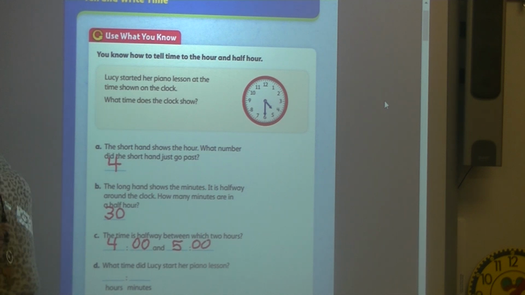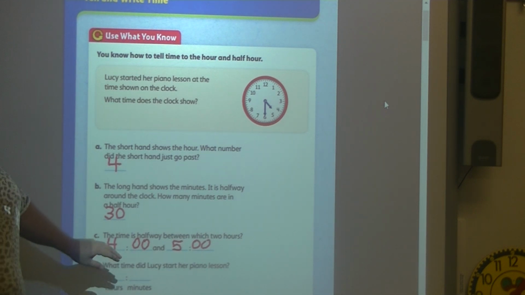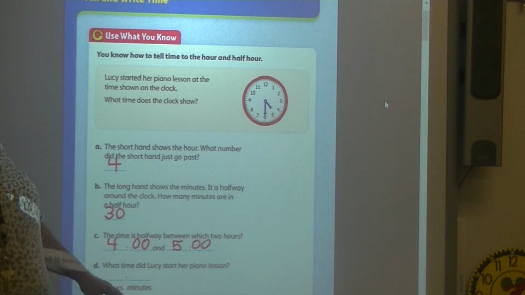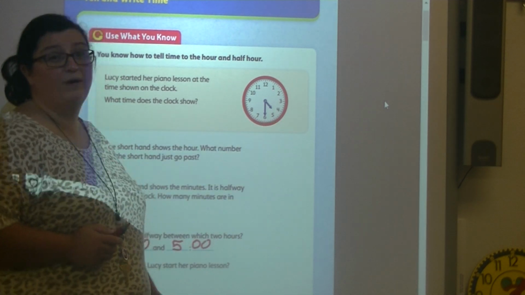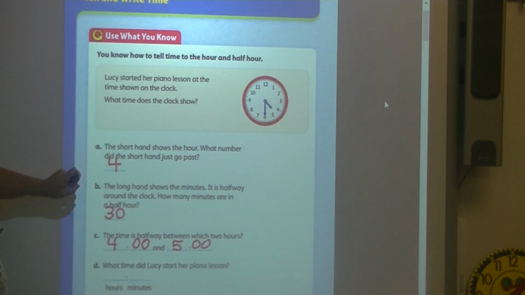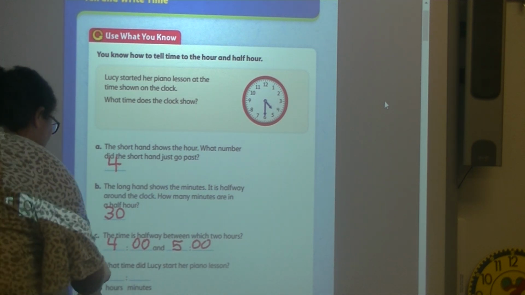So what time is halfway in between 4 o'clock and 5 o'clock? All right, it's just been past the 4, and it's halfway around in the minutes. So that makes 4:30, right?